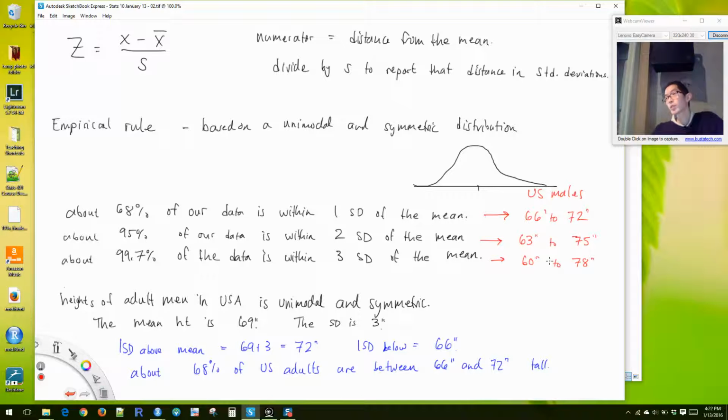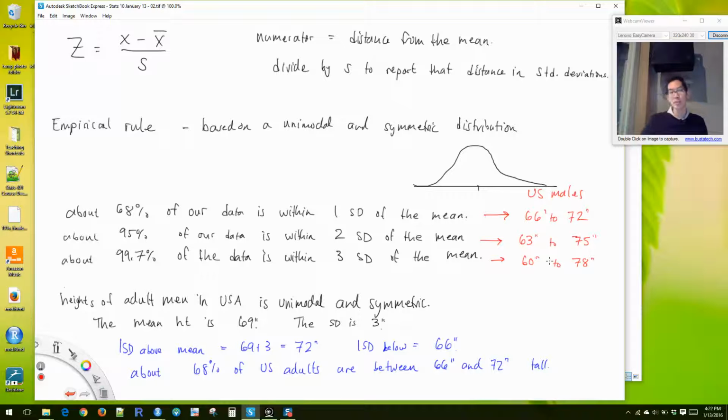I hope this matches our intuitive sense. 63 inches is 5'3", 75 is 6'3", okay? And it says about 95%, so about 1 in 20 adult males are outside of the range of 5'3" to 6'3", but overall, about 95% are between 5'3" and 6'3".